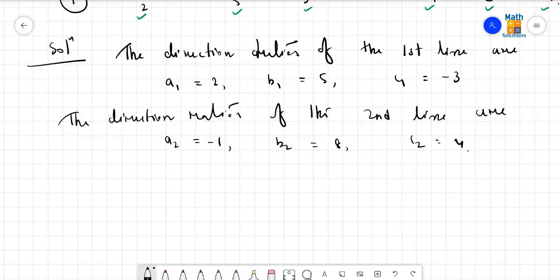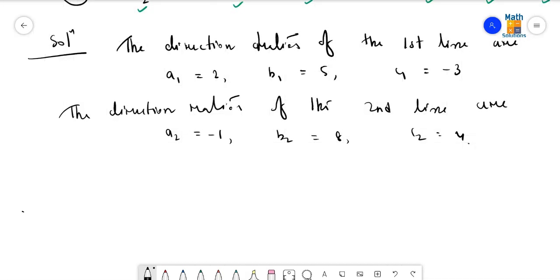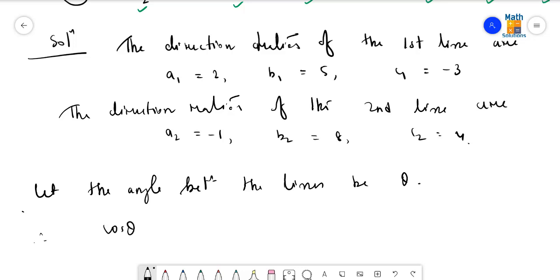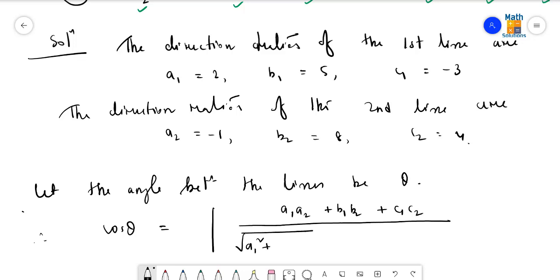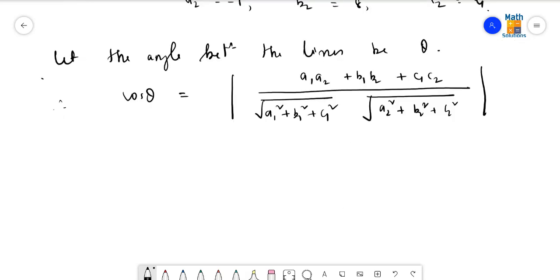Therefore, let the angle between the lines be theta. Therefore, cos theta will be equal to, using this formula, a1 a2 plus b1 b2 plus c1 c2 over under root a1 square plus b1 square plus c1 square, and a2 square plus b2 square plus c2 square. So let's put the values now.